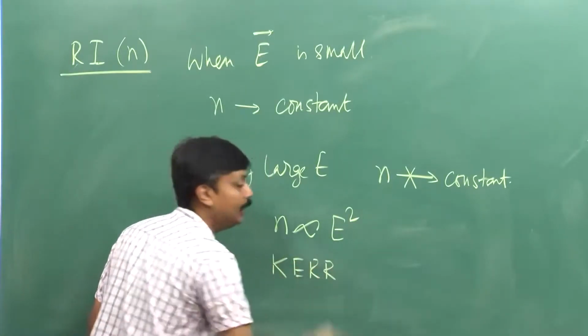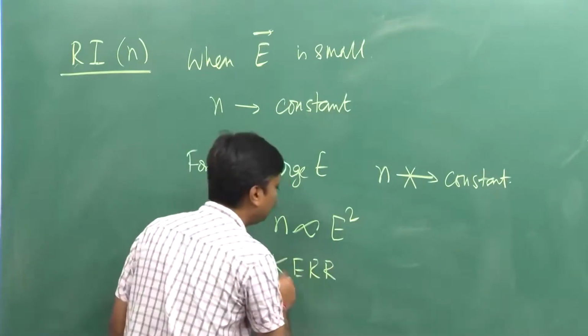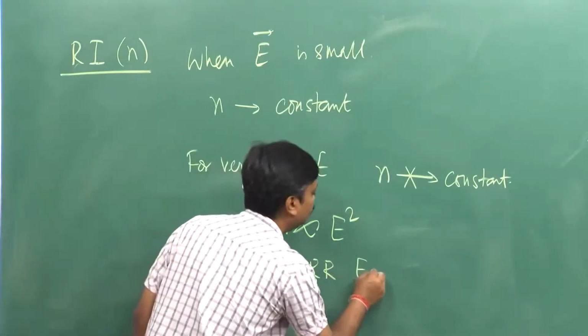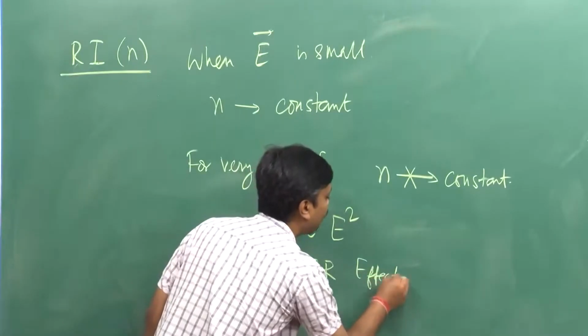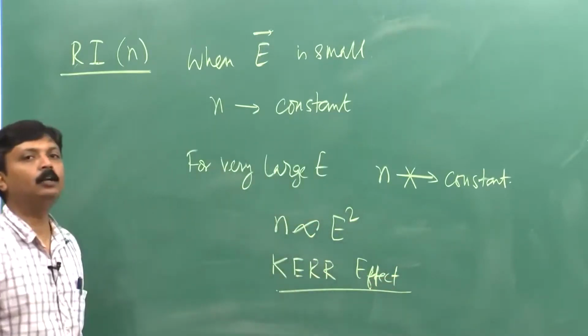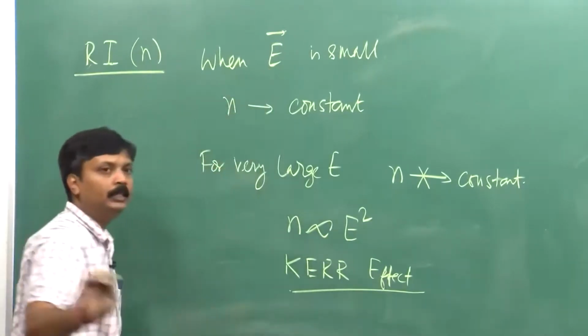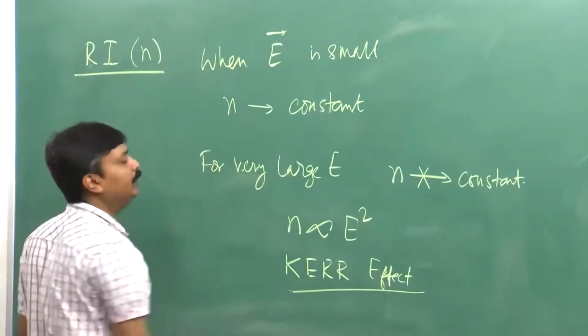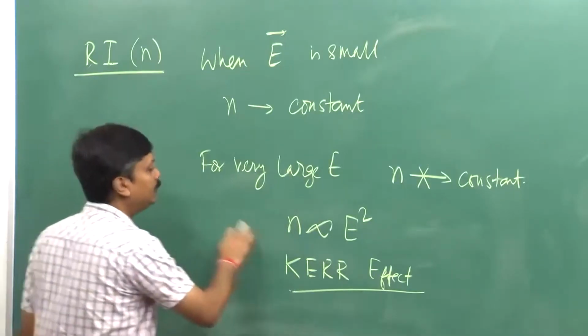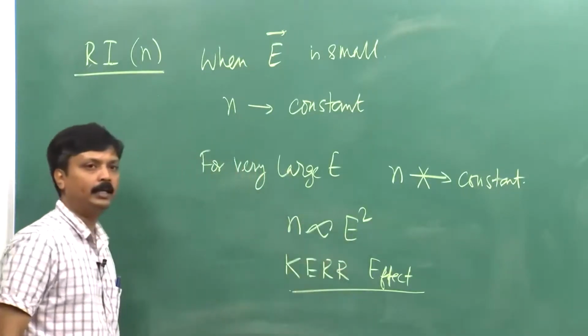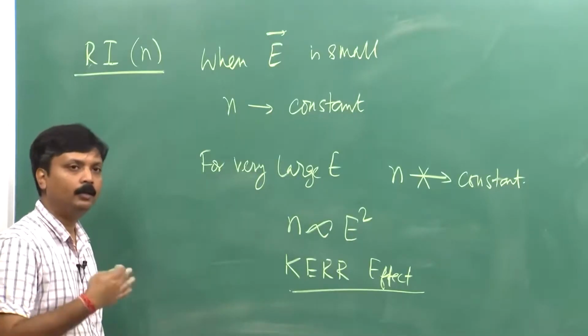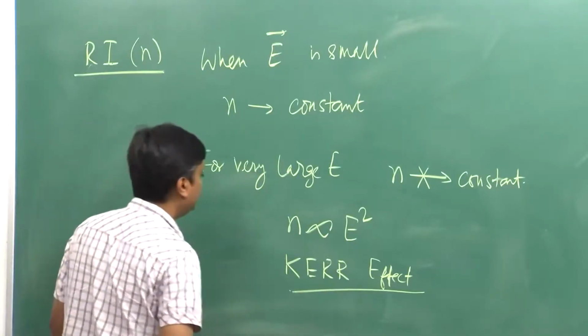This is a nonlinear optical phenomenon. As long as E is small, the refractive index is constant. The moment I increase the intensity, like bringing in a laser, it starts varying as the square of the electric field amplitude of the light.